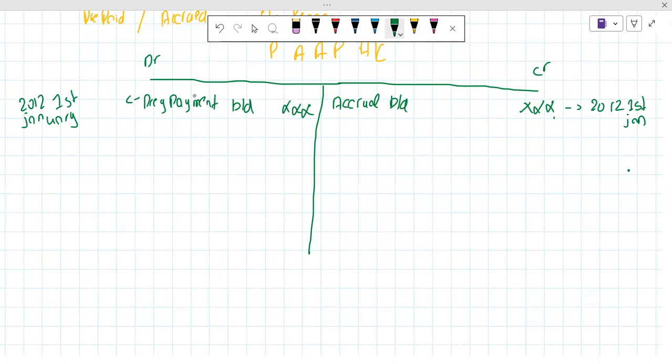Okay, so after that, cash, bank, income statement. This transaction will happen during the year, like after 1st January 2012, in Feb, March, April, May, June, till the financial year ends.